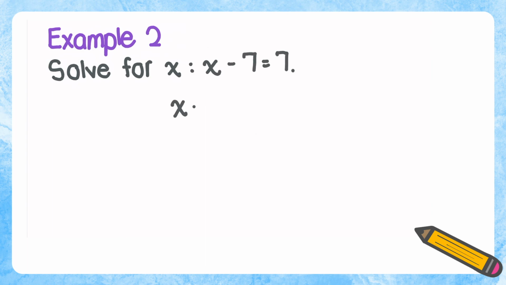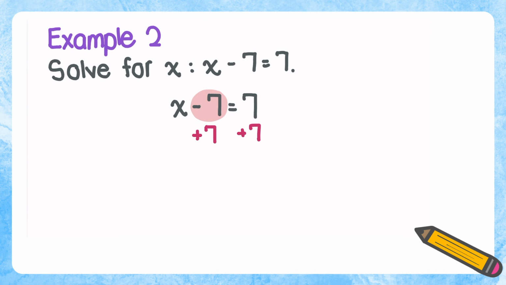So another example, let's solve for x, and our equation is x minus 7 equals 7. And because I want to isolate the x, I notice that the minus 7 is in the way. So what is the opposite of subtracting 7? Adding 7. So we're going to add 7 to both sides, again because we're doing inverse operations on both sides of the equation.